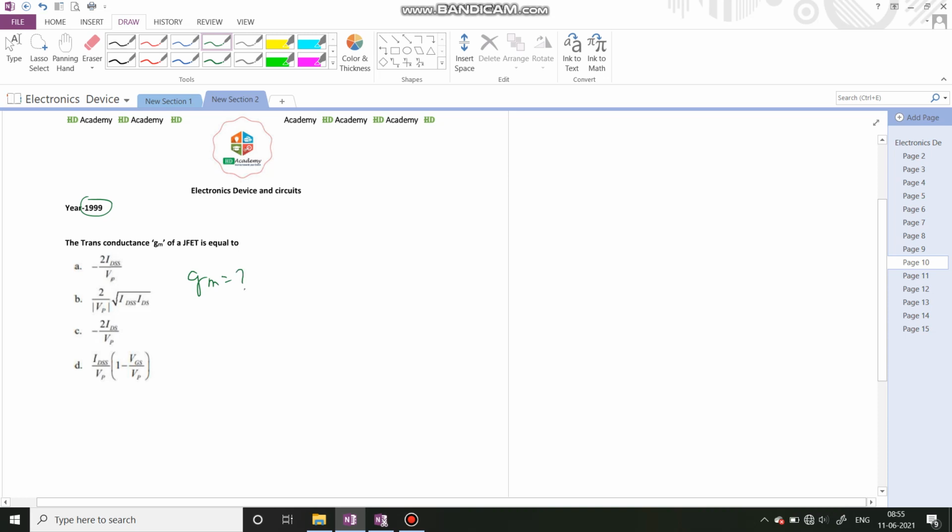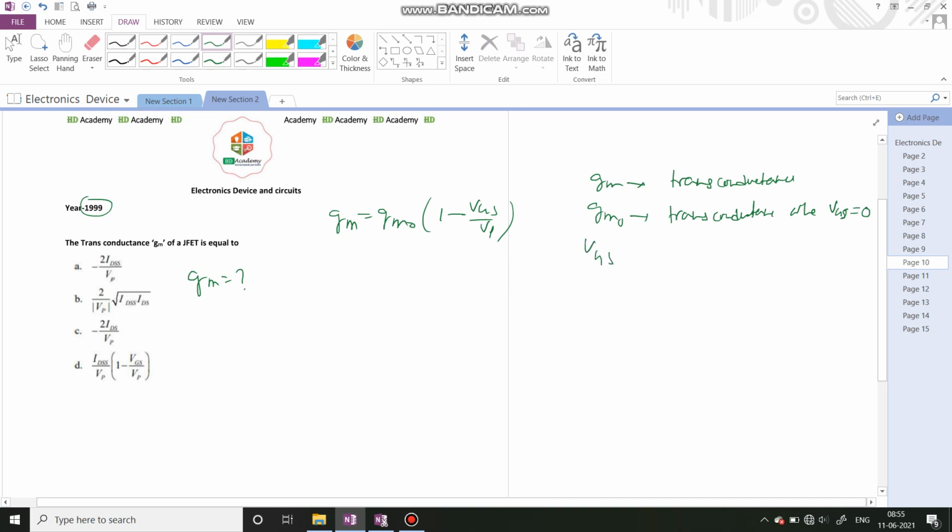Now, let's do it. We know that GM, that means transconductance of JFET, is equal to GM0 times (1 minus VGS by VP), right? Here GM is the transconductance, GM0 is the transconductance when VGS, that means gate source voltage, equals 0, right?